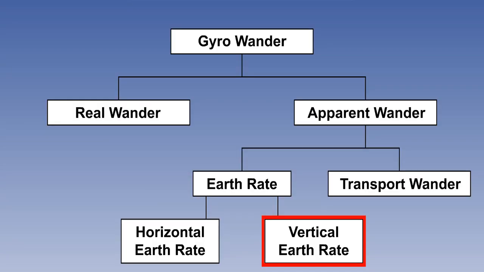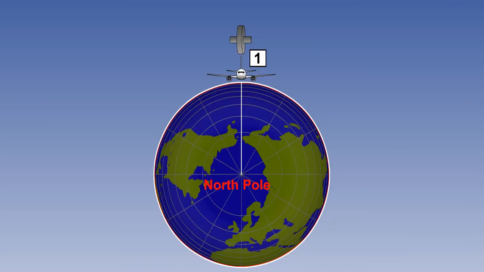Now, let's look at the vertical component of Earth rate. You have to understand this in order to appreciate how alignment takes place and why it becomes difficult or impossible at high latitudes. We are looking down onto the North Pole and the aircraft is parked at the equator with the gyro running. The wings are level and the gyro axis defines the horizontal, or wings level.